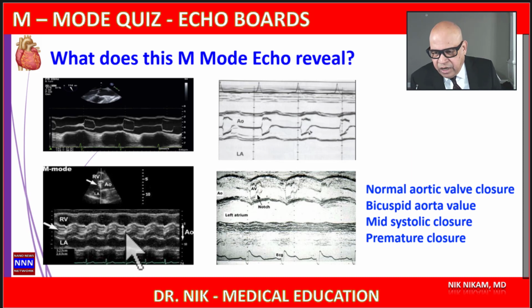Anyway, the aortic valve opening is extremely small, probably less than 1 centimeter. If the aortic valve opening is less than 1 centimeter, that means it has critical aortic stenosis based on M-mode echocardiography. So there are a lot of features pointing towards aortic stenosis. One, increased echoes during the diastolic phase.